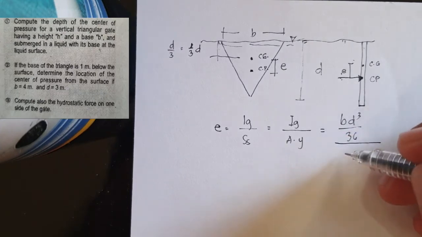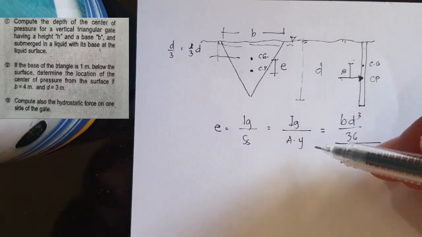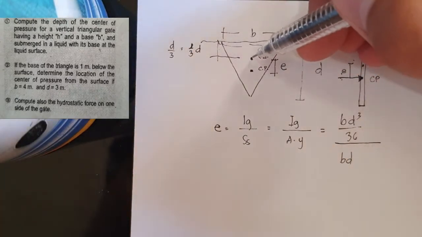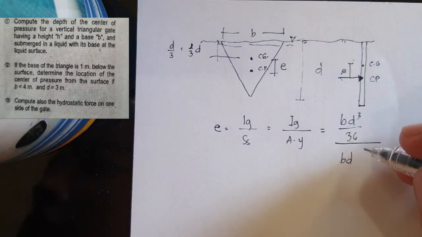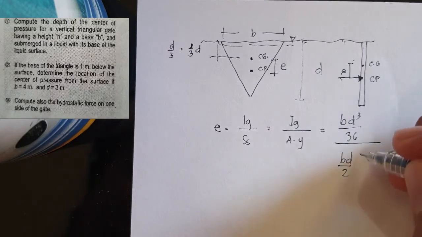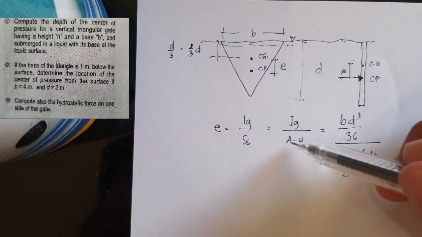Area of triangle, that is B times D, and Y is this one, distance of center of gravity, that is D over 3. I mean 1/2 then 1/2 BD, then D over 3. It's area of the triangle.